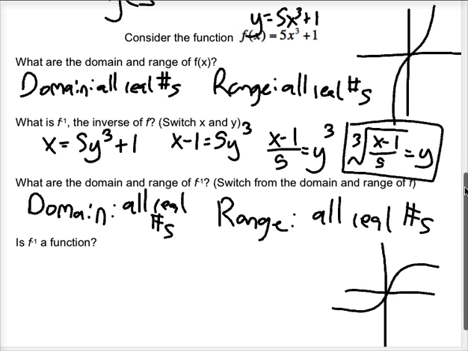You're going to get something that looks like that. If you forget, you can always use a graphing calculator to graph it. But if you think about whether this passes a vertical line test, the answer is yes. So we are truly looking at an inverse function.